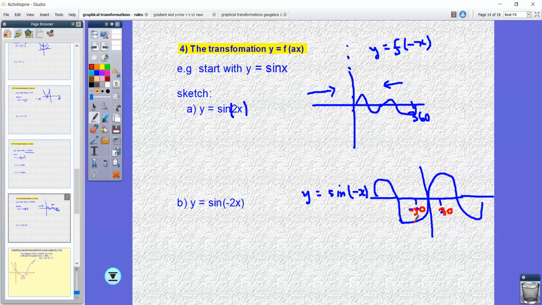So that coordinate is appearing here. And that will carry on, won't it? All of this will appear over here. So all of these negative coordinates will appear where we're trying to put in positive, and so on. So that's why we end up with this. You can see what's happening. All the coordinates in line with the negative x values are going to appear in the positive half of the diagram and vice versa. And that's why we get that reflection in the y-axis.